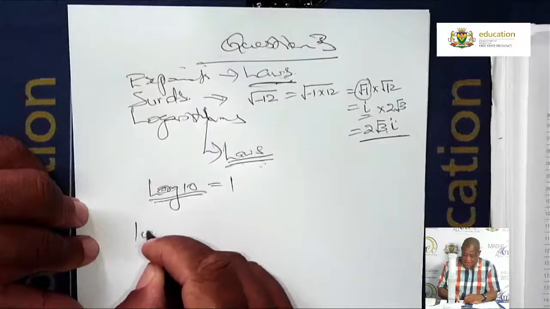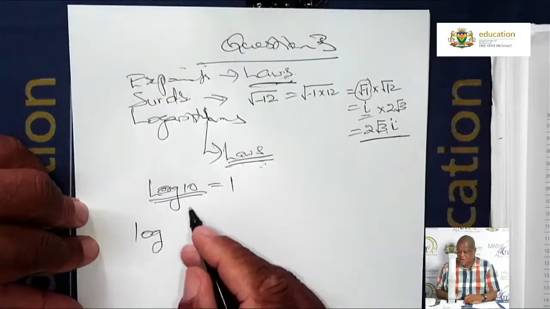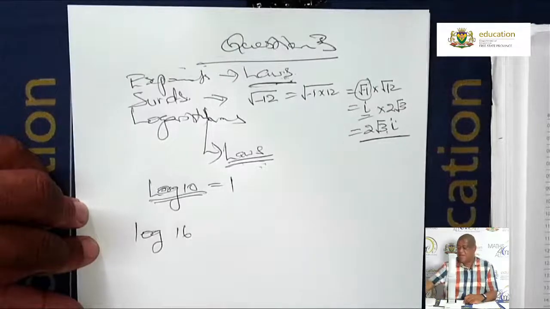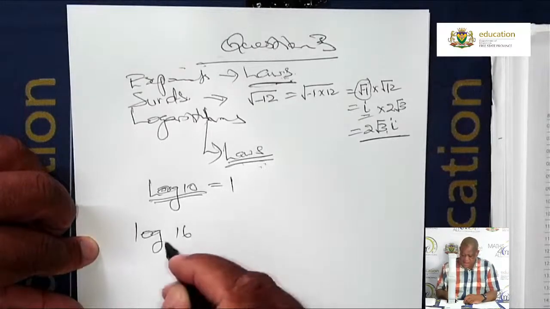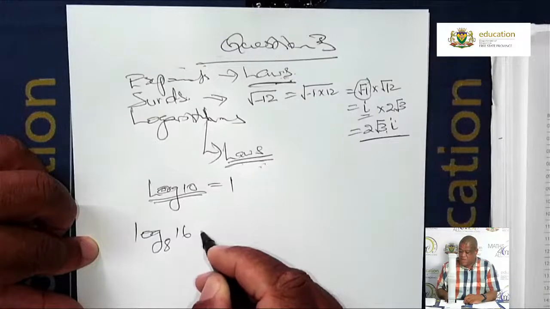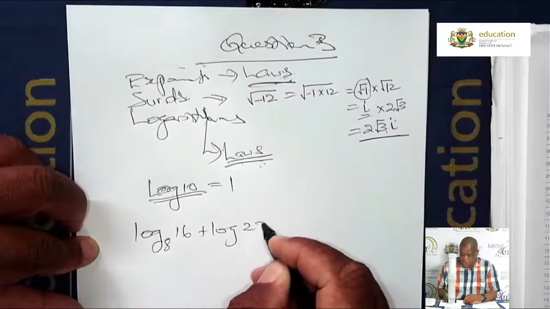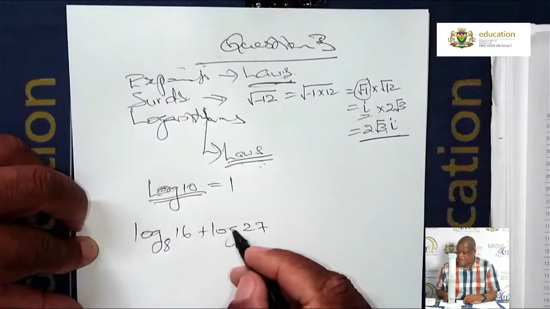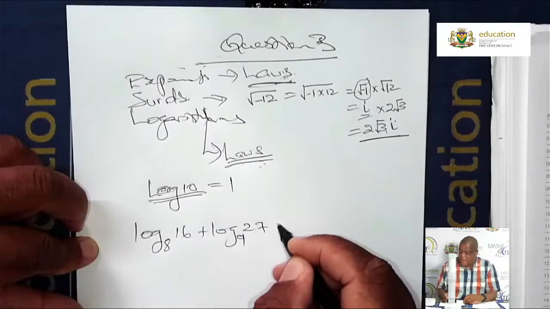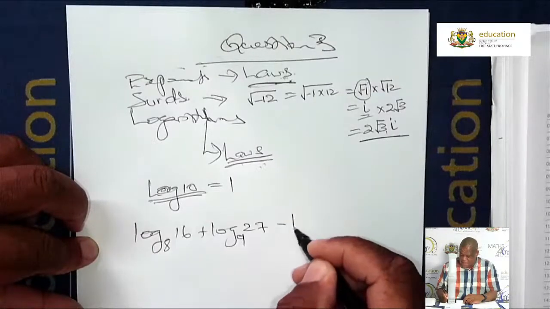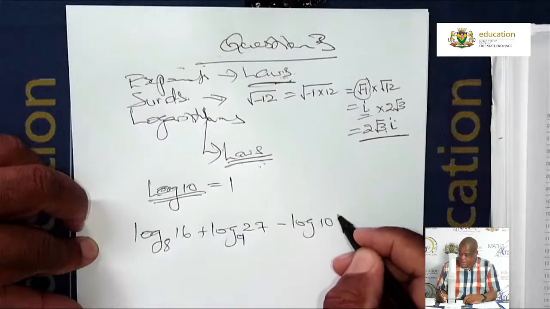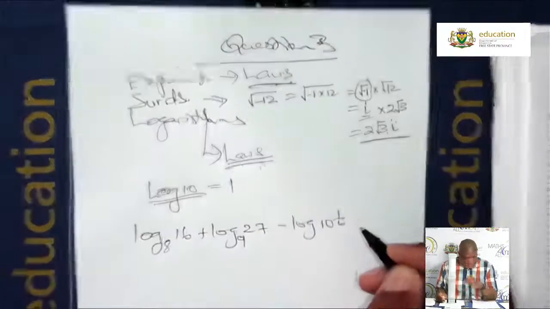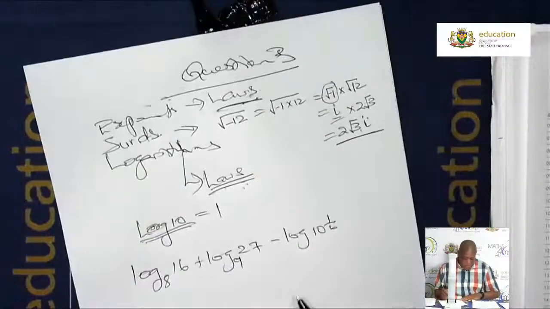An example can be, you may be given something like log of 16. I'm taking this from the paper that was set now in September. Log of 16 base 8 added to log of 27 base 9 and minus the log of 10, where the base there is 1 over 6, sorry.